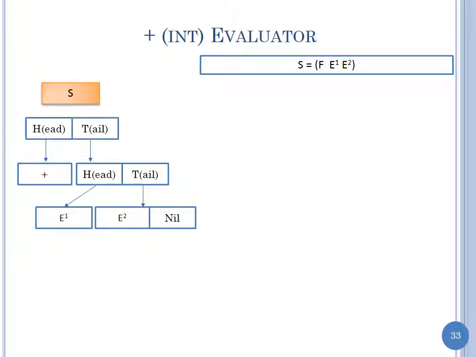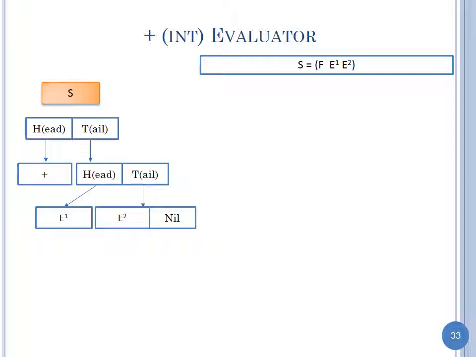So all of this stuff we did earlier, but it's good to get this all covered again. This is also something we did last time, but let's look at it in depth. Let's see how Andrew implemented the plus evaluator.